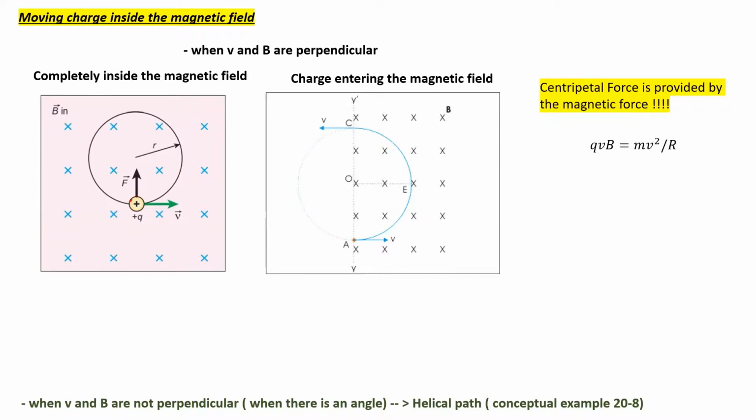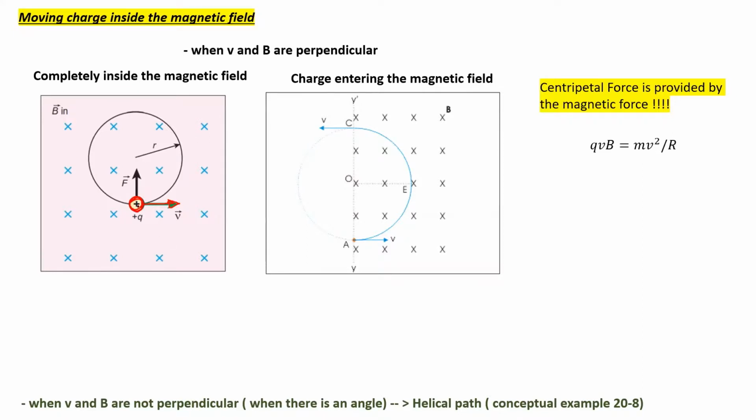Let's assume that we had a charge, positive charge or negative charge, moving this way. And suddenly I turn on the magnetic field. So now my moving charge is completely inside the magnetic field.